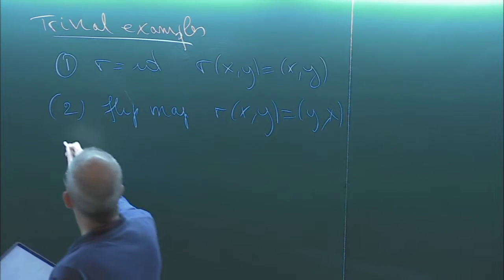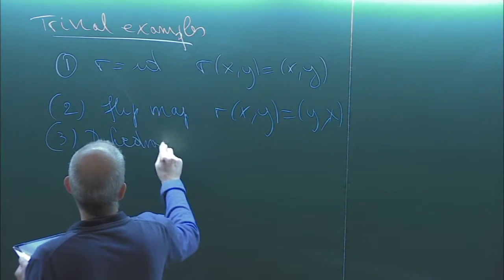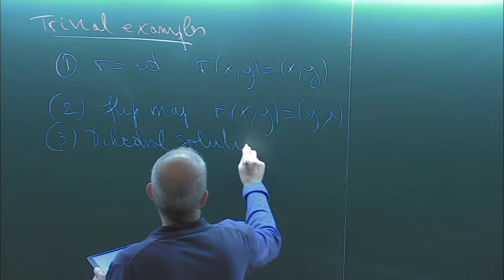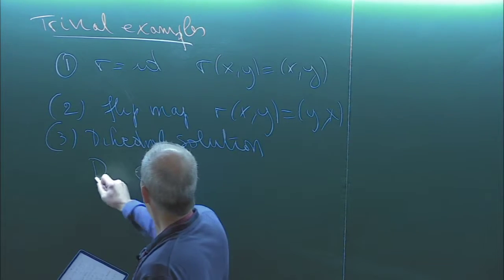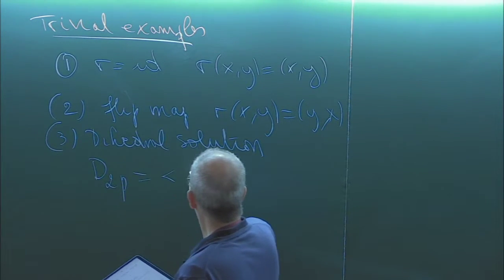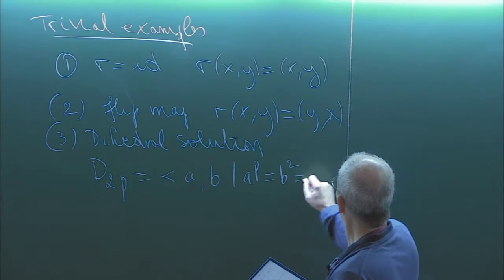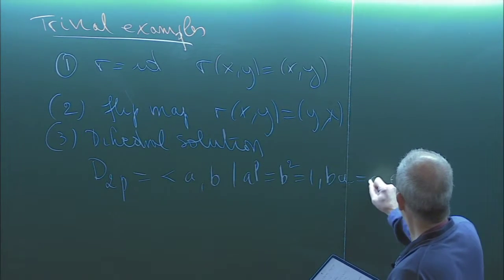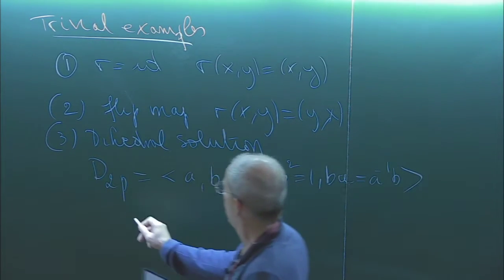The third one is the dihedral solution. What you do here is you take the dihedral group of order 2p, generated by a and b with the standard presentation, and you take for X the set of elements of order 2.